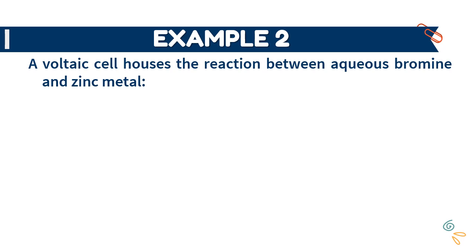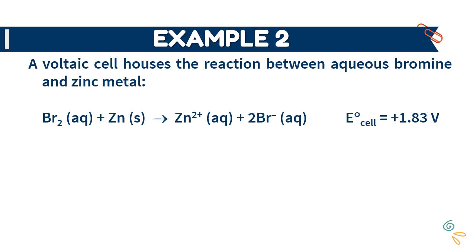A voltaic cell houses the reaction between aqueous bromine and zinc metal. This is the equation given to you: Br2 (aqueous) plus Zn (solid) to produce Zn2+ (aqueous) plus 2Br- (aqueous).